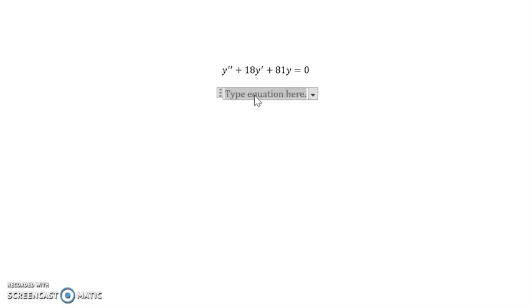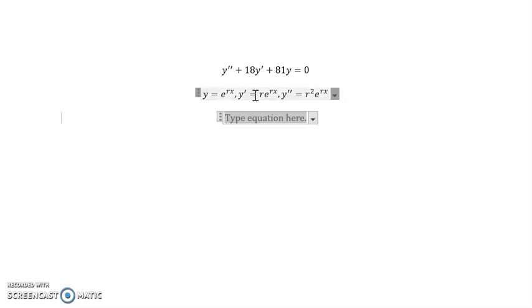So just like with other constant coefficient problems, we're going to assume the form of the solution to be e to the rx. And then, of course, our derivatives are r e to the rx, and y double prime is r squared e to the rx.